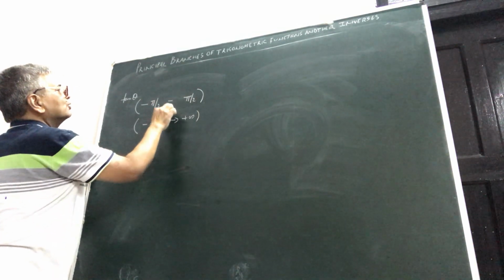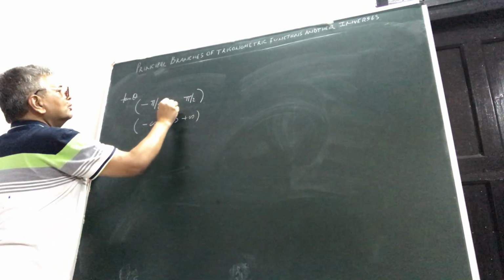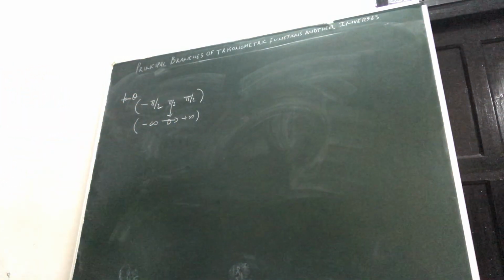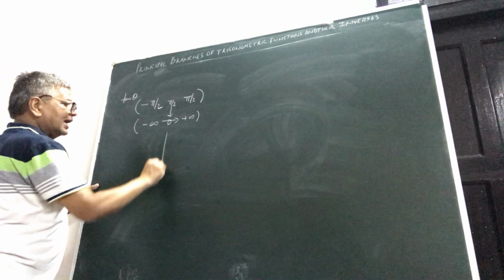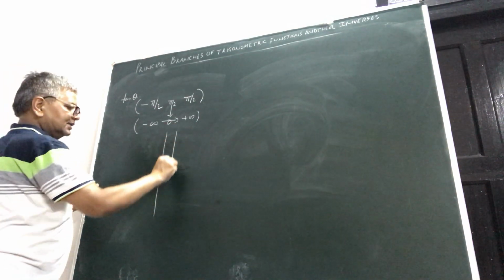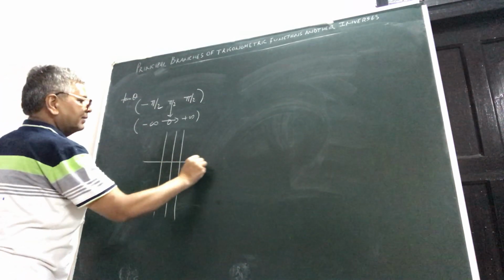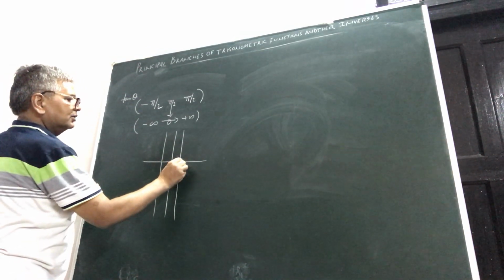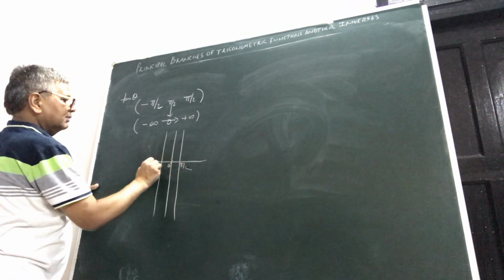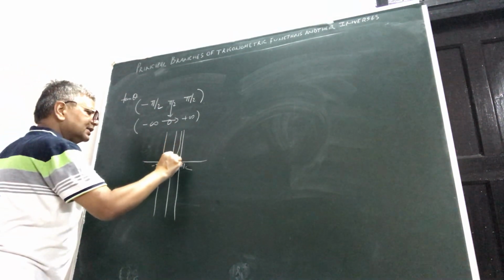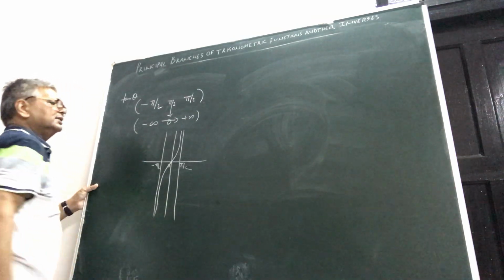In between, if you are showing this pi by 2, then here the values will be 0. So that's the result. So for tan x, draw lines at the spacing of pi by 2, let this be 0, this is pi by 2, this is minus pi by 2, then the curve is like this in the principal branch.